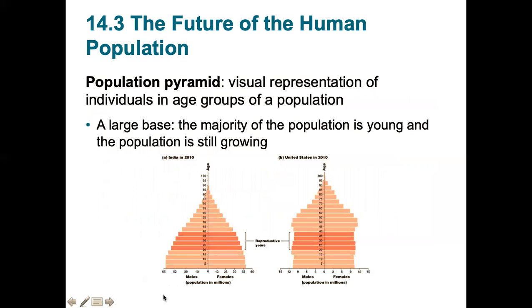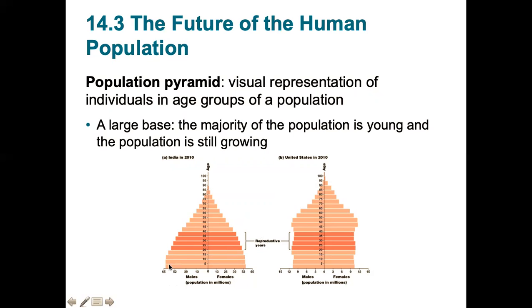And that's visualized using these things called a population pyramid. So the higher up on the pyramid is the age of the individuals in the population, and the axis here, left and right, is the numbers of individuals in the population.